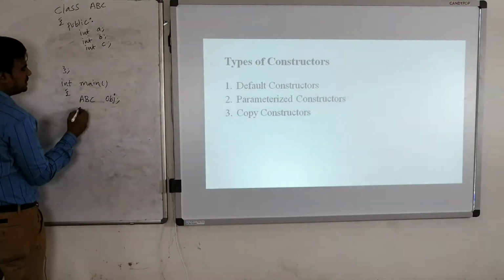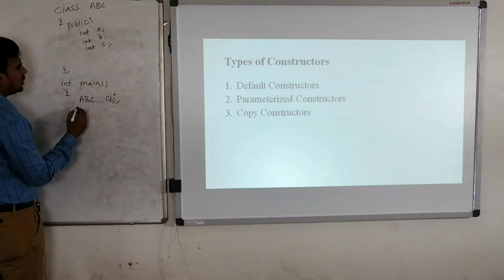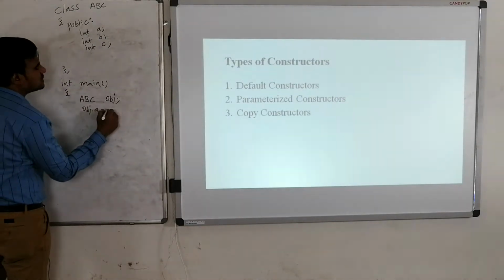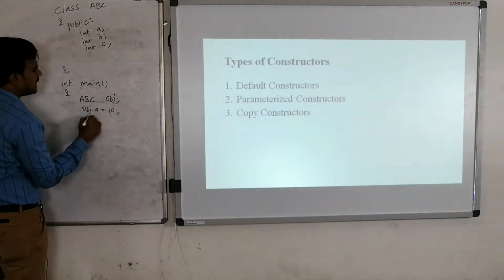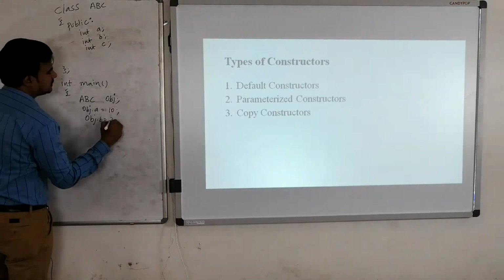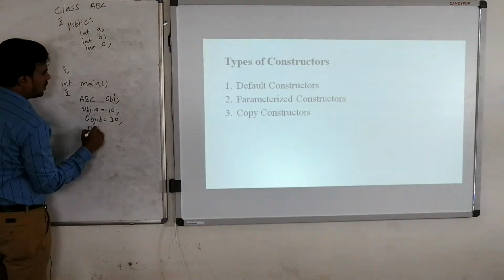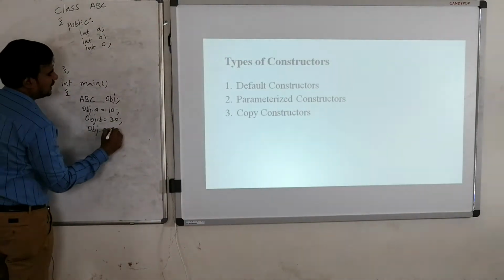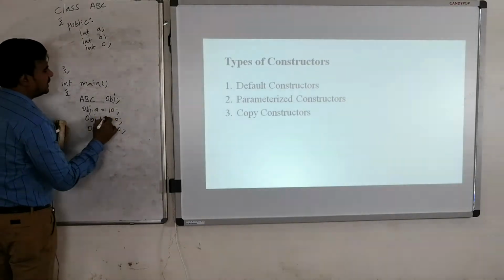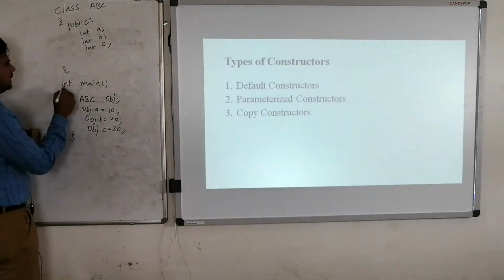Now using this obj, I can initialize all these variables: obj.a equals 10, obj.b equals 20, obj.c equals 30. Like this I can initialize the data members of a class.